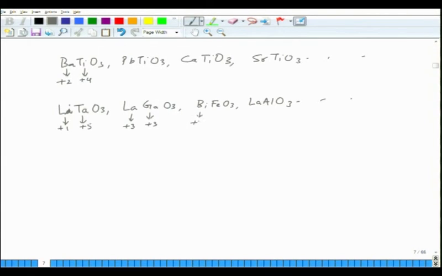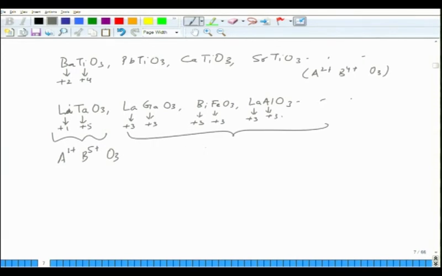Here you have +3 +3. Again +3 +3. So you have possibilities of +3. So here they are A2+, B4+ O3. This is an example of A1+, B5+ O3. These are all examples of A3+, B3+ O3.